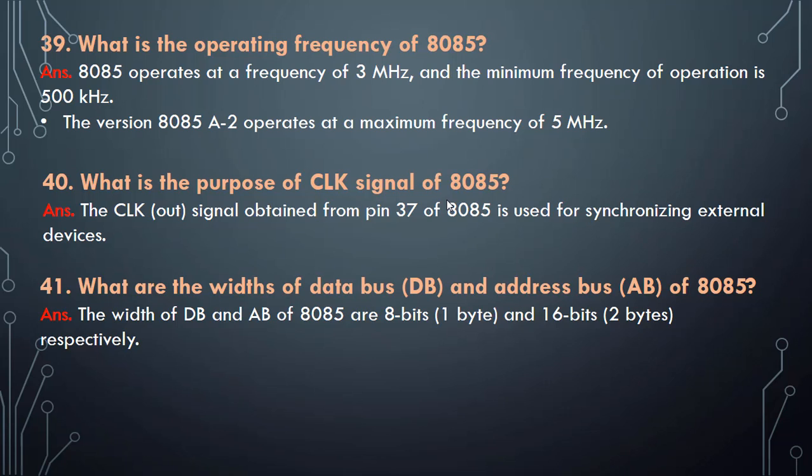The next question, what are the widths of the data bus and address bus of 8085? We know that the widths of the data bus and address bus of 8085 are 8-bit and 16-bit or 2 bytes. So the data bus is 8-bit or 1 byte and the address bus is 16-bit or 2 bytes respectively.